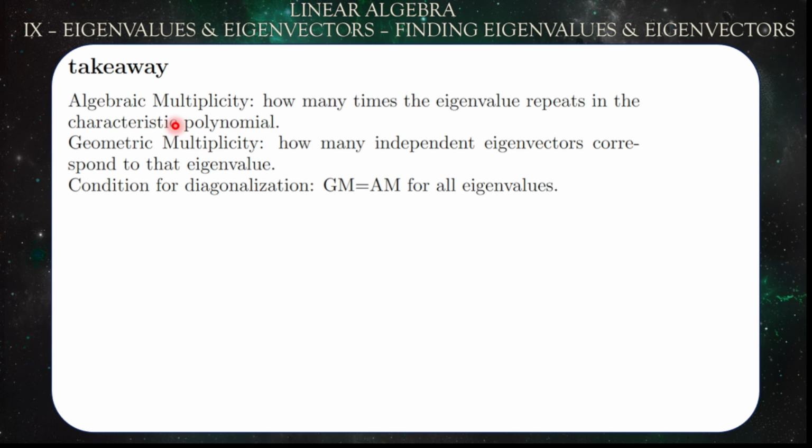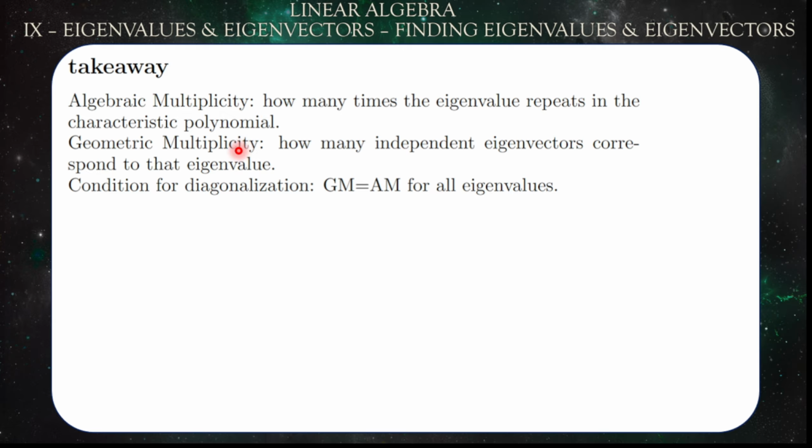As a takeaway, algebraic multiplicity is how many times the eigenvalue repeats itself in the characteristic polynomial, or the power of the polynomial that we get. So (2 minus lambda) in the former example was to the power of 2. It means that lambda equal 2 is repeated twice as the root, or the solution, of B minus lambda I.